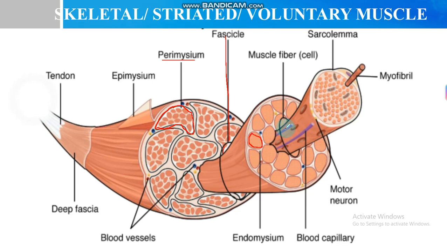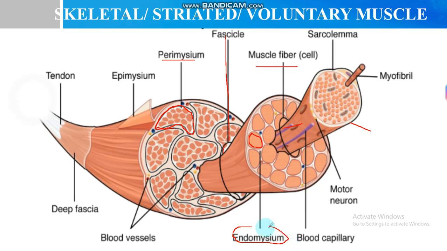And if we pull out a muscle fiber, like we have pulled one here, of course this is a muscle fiber, it has two membranes. There is this outer membrane which we call the endomysium.